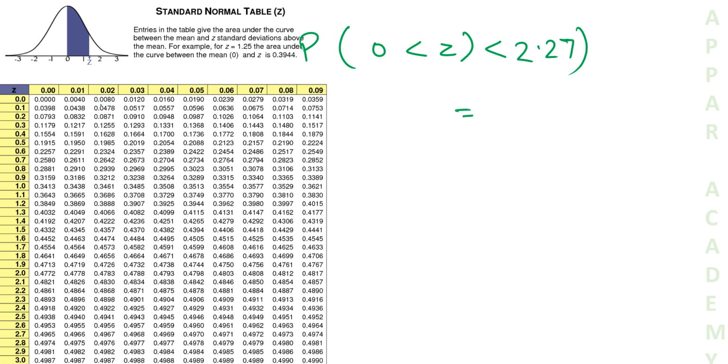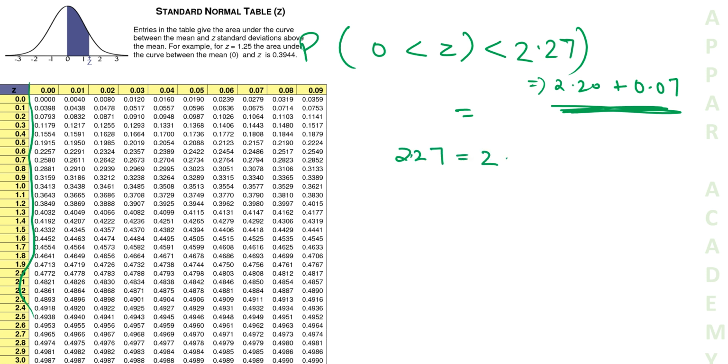Let's see. Just look at this region. All you need to do is take 2.27, which is 2.20 plus 0.07. Right? 2.27 is nothing other than 2.20 plus 0.07. So from this region, we will find 2.2. Let's mark it as 2.2, and the next part is 0.07.